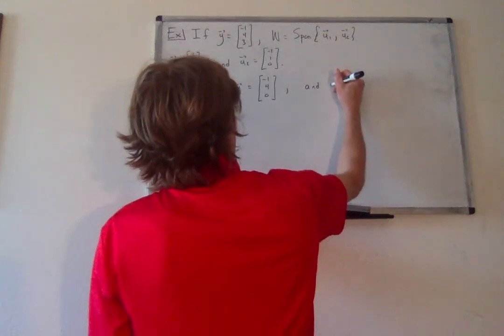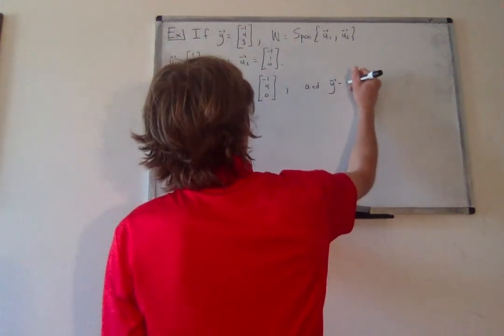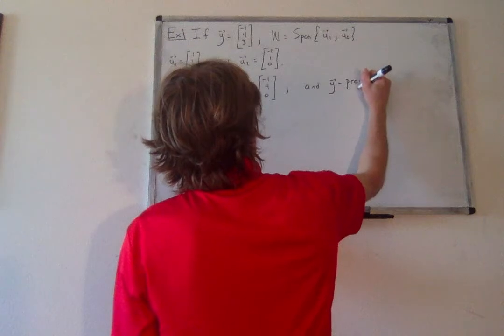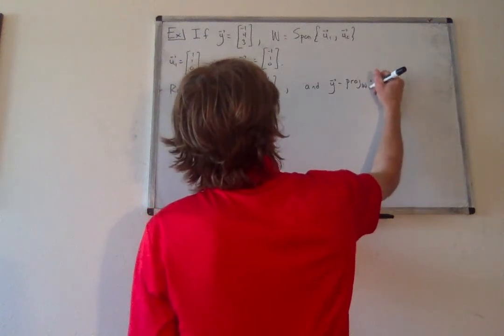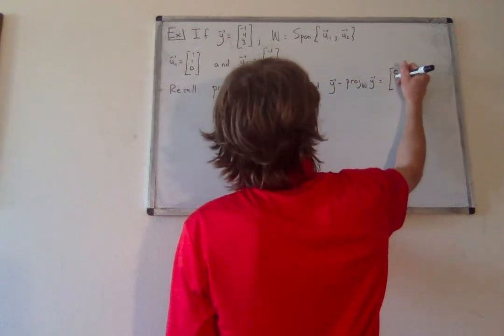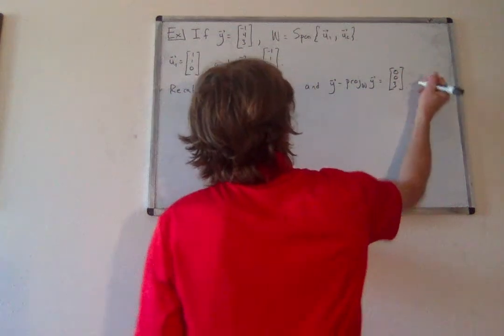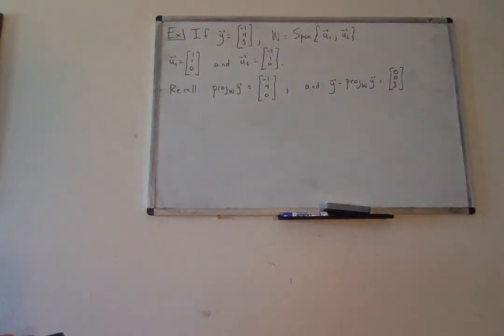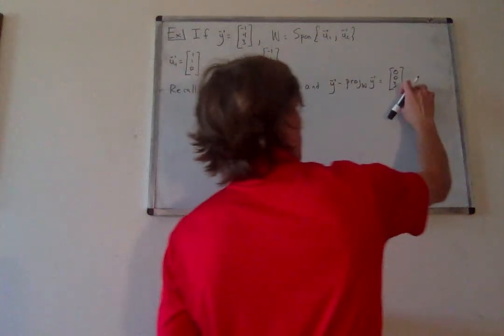And the difference of y minus this projection was equal to 0, 0, 3. And we'll call this vector z.